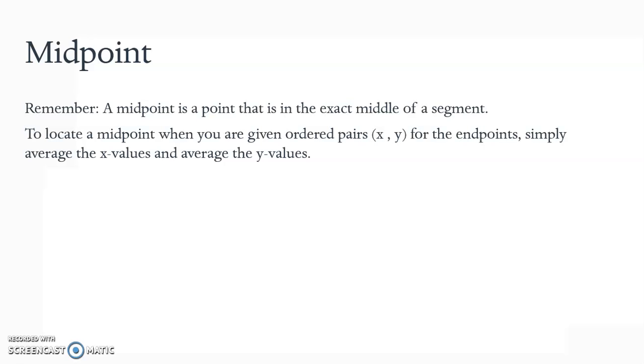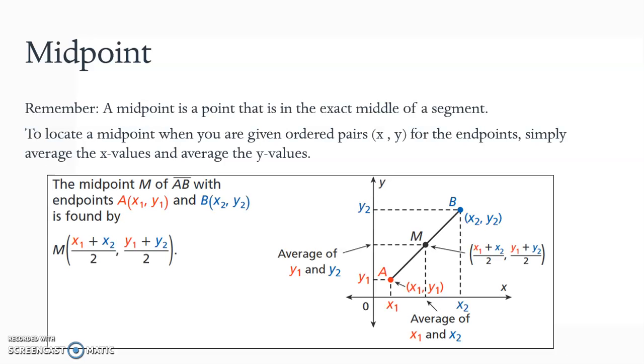Now there is a formula for this, and I'll show it to you in just a second. The formula can be a little intimidating when you first start, but just remember we're averaging, and you can do averages. You just add them and divide by 2. In this case, point A are the red letters and point B is the blue letters.